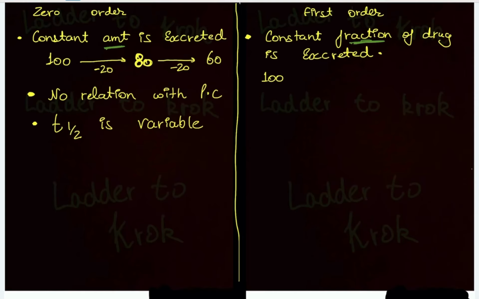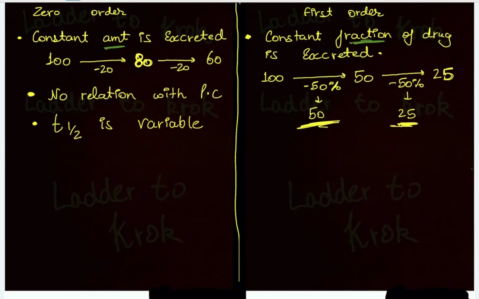You give a person 100 molecules of any drug. After some time 50% will be lost. Remember, percent means fraction. Then again 50% of molecules are lost, so now the person has 25. In the first step 50 molecules were lost, in the second 25. So the amount is not constant, but the fraction is constant.